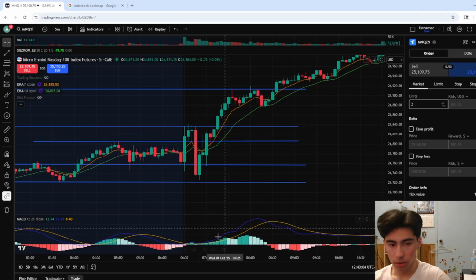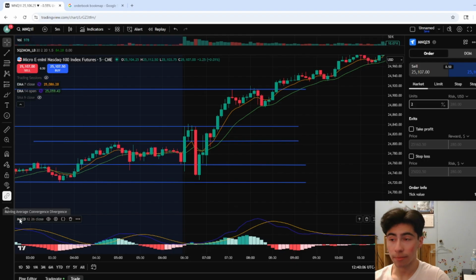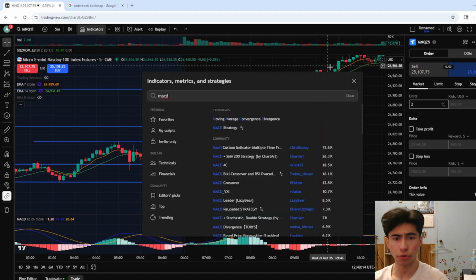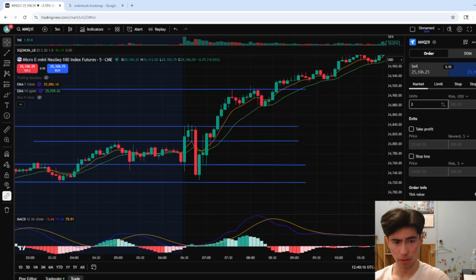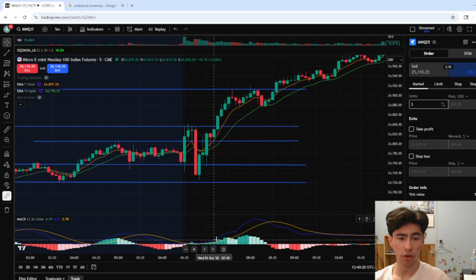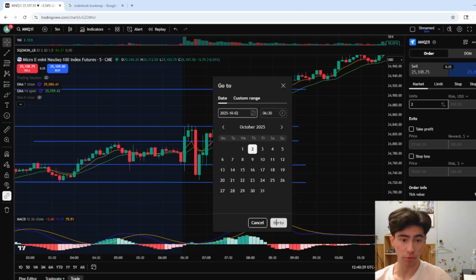Another one you can use is the MACD, moving average convergence divergence. This is just another indicator telling you how much volume of buying or selling pressure there is down here. And these are just using more lines to help you indicate which direction the price wants to move in.